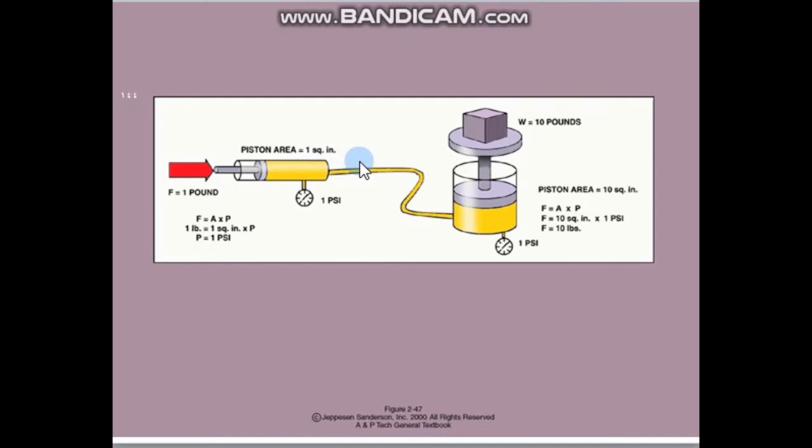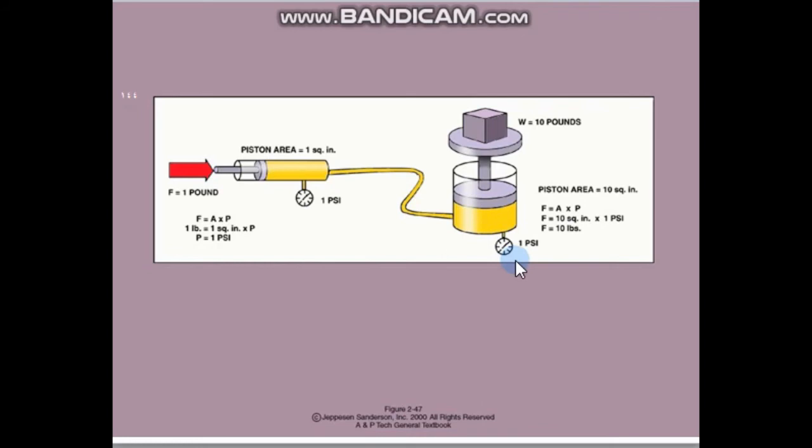When it is transmitted to the second cylinder and piston, the area of the piston is 10 square inches, while the force applied is 10 pounds. But the pressure is the same.